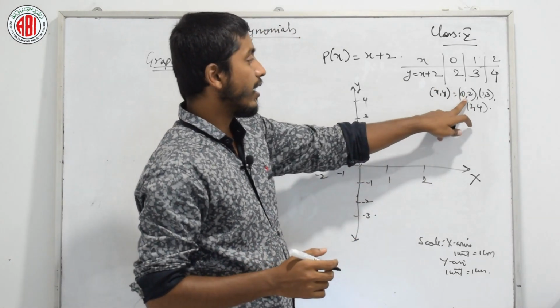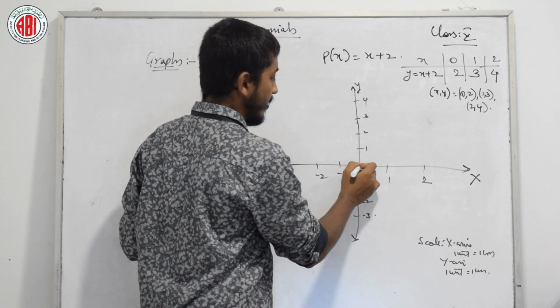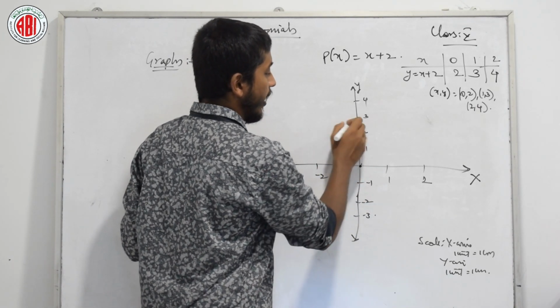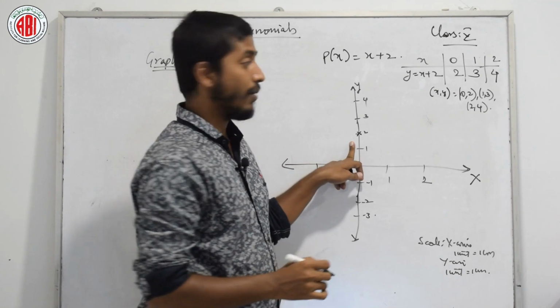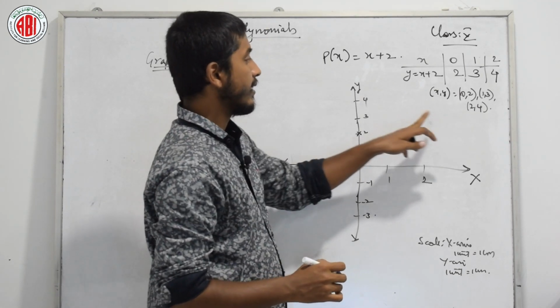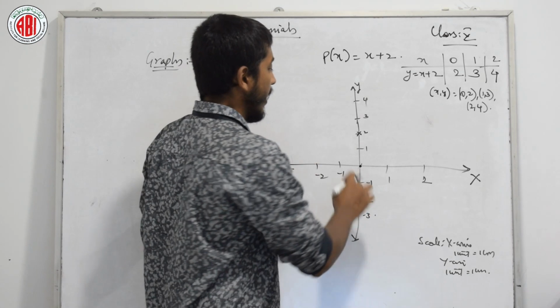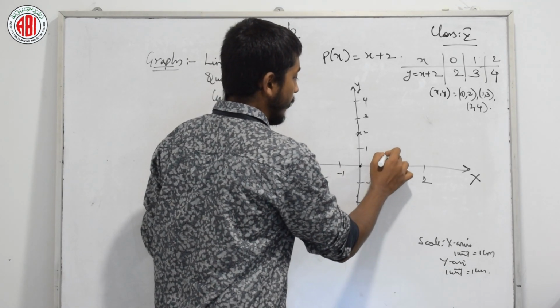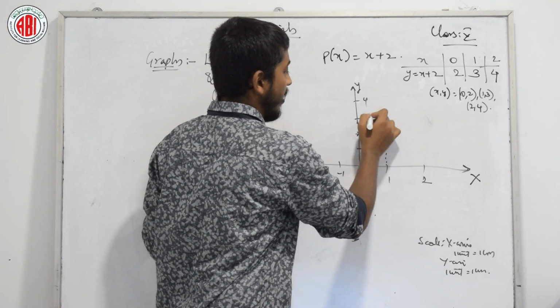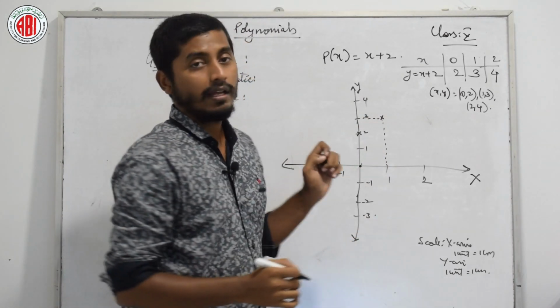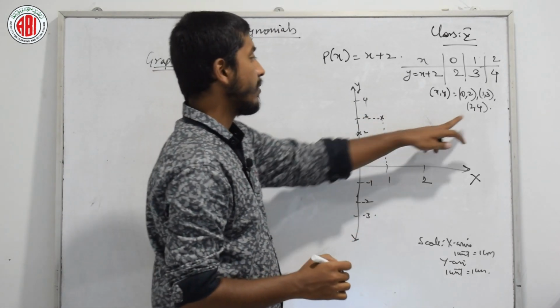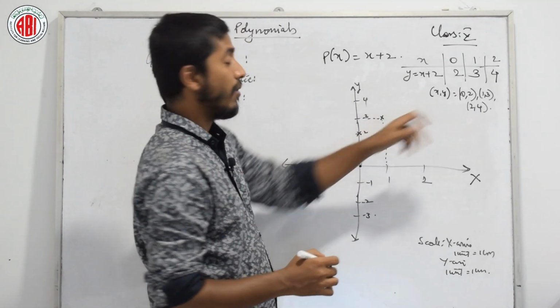Here the x coordinate is 0, and the y coordinate is 2. This is my first point, 0 comma 2. Next, the second point is 1 comma 3. X is 1 and y is 3. That is, here it is 1 comma 3. Similarly, what is the third point? 2 comma 4.